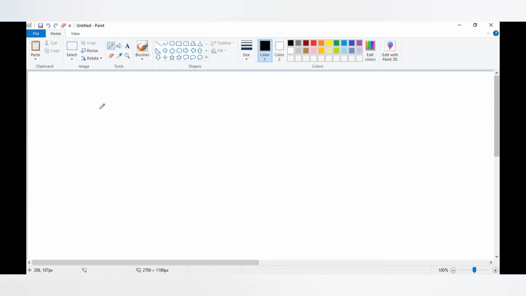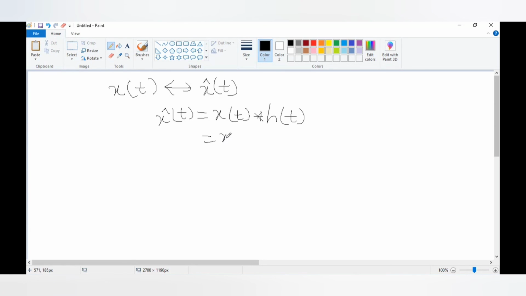So once again, you already know the Hilbert transform of x of t is x cap of t. We'll write x cap of t is nothing but, this is a constant equation throughout, x of t convolution with h of t, where h of t is 1 by pi t.